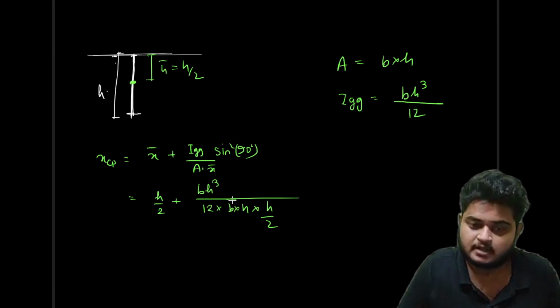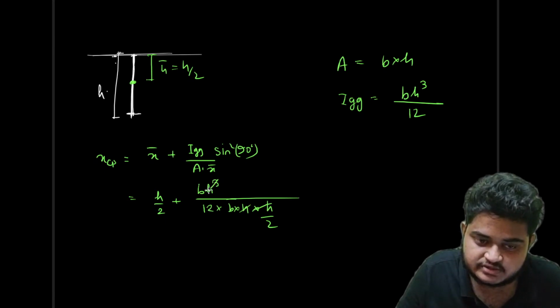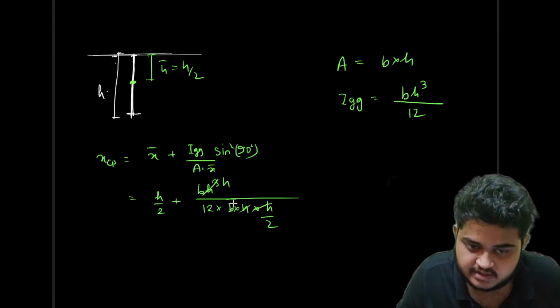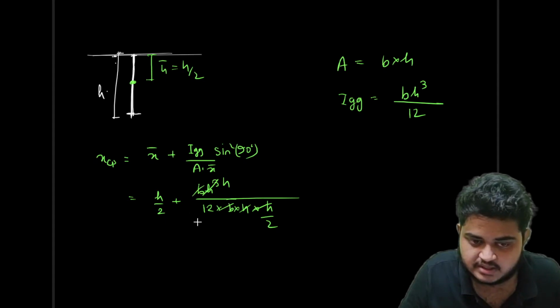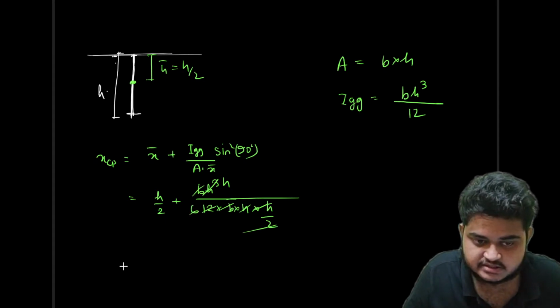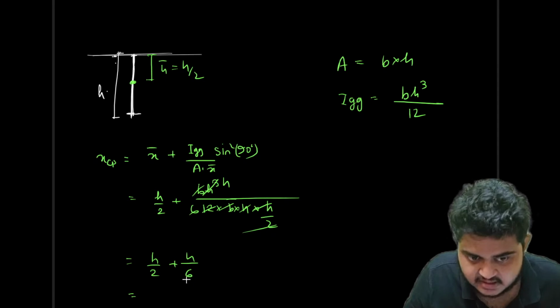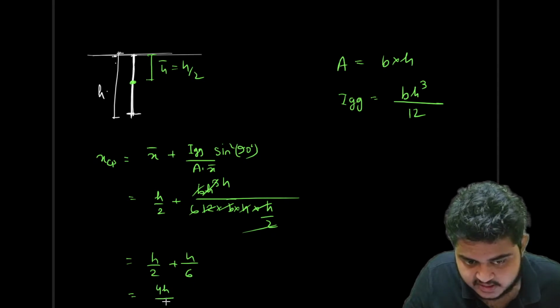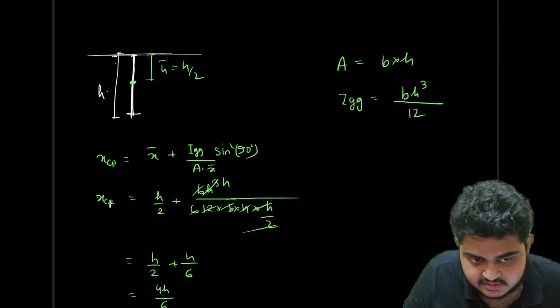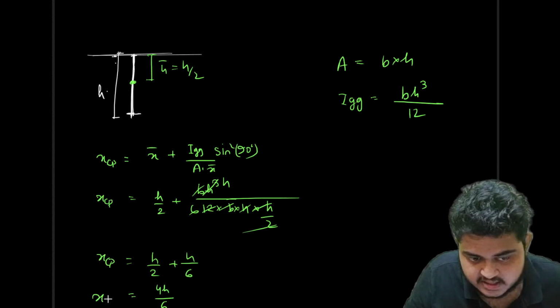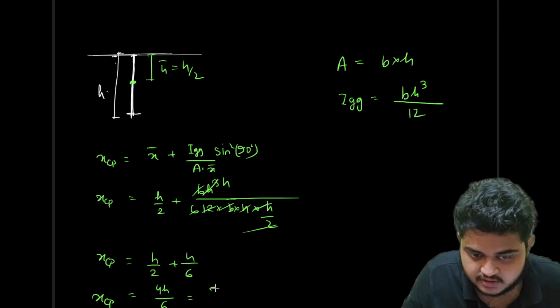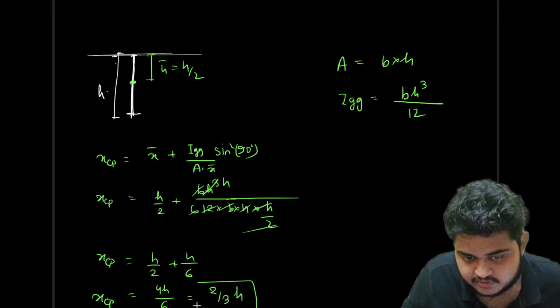Here h cube by h gives h square, leaving only h, b will be cancelled out and this will be 6, so h by 2 plus h by 6, and this will be coming out as 4h by 6, that is x cp. So this will be 2/3 of the depth.